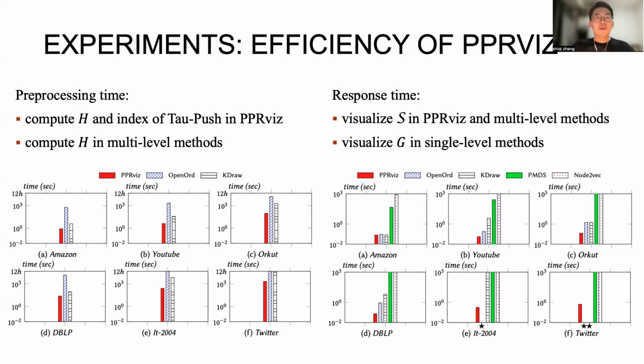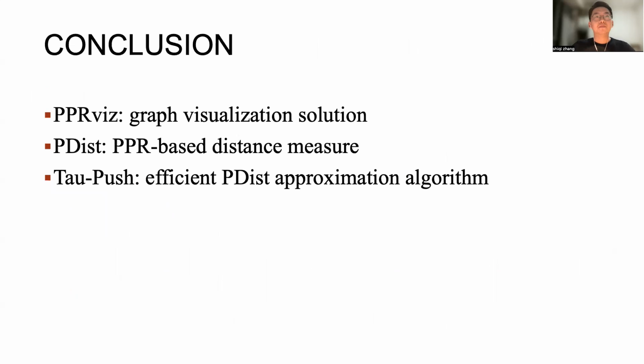We next report the response time of PPRVs and all competitors. We skip the single-level competitors that fail to return in 1,000 seconds. As shown in this figure, we can find that PPRVs outperforms all competitors in terms of response time. It only uses several seconds to return the partial view for the largest Twitter graph.